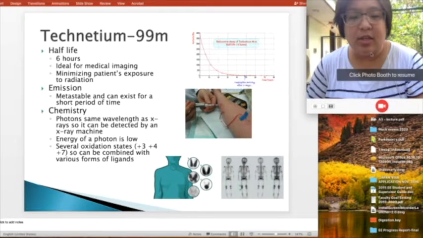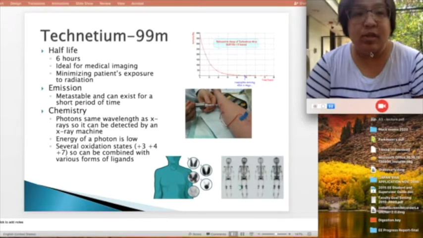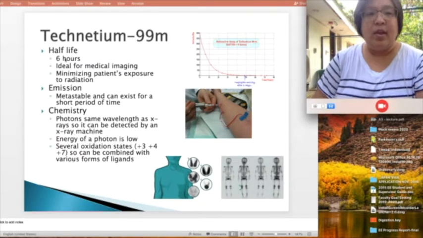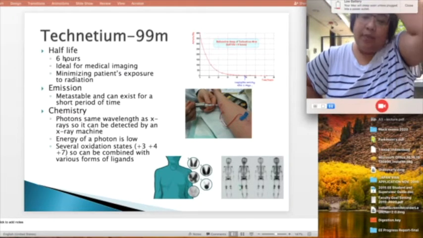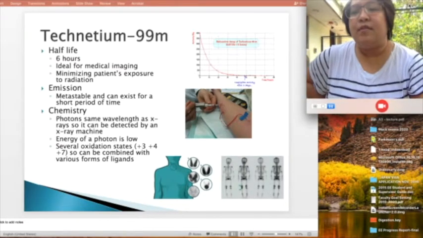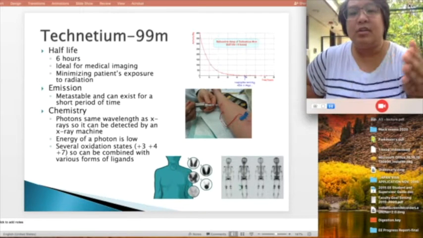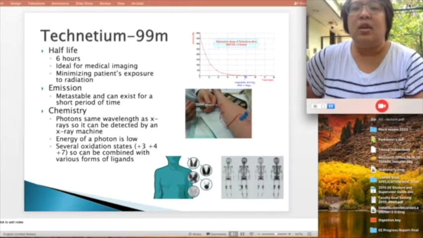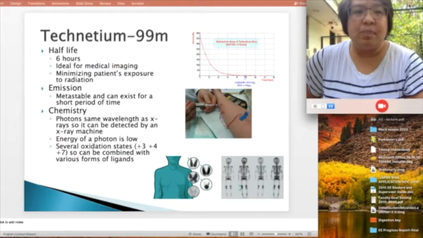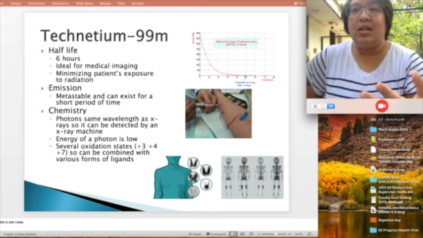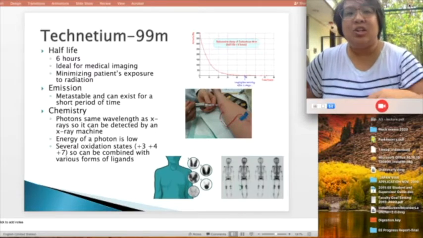And there are three reasons why we use technetium 99. First is its half-life. The half-life is 6 hours, meaning it becomes half of its original amount every 6 hours. That makes it very ideal because the isotope that you inject into the person doesn't stay long inside the body, so the exposure to radiation is minimized.